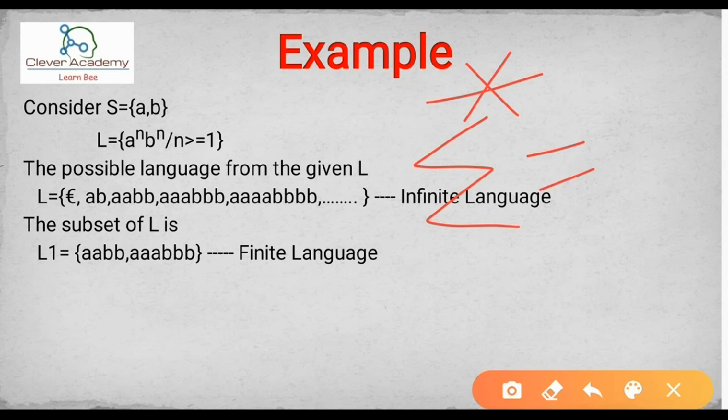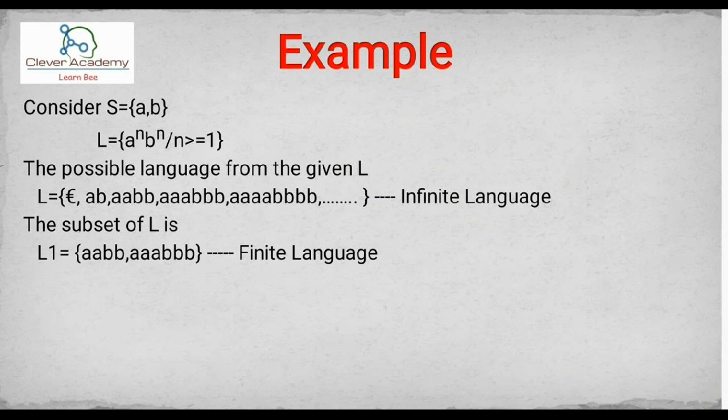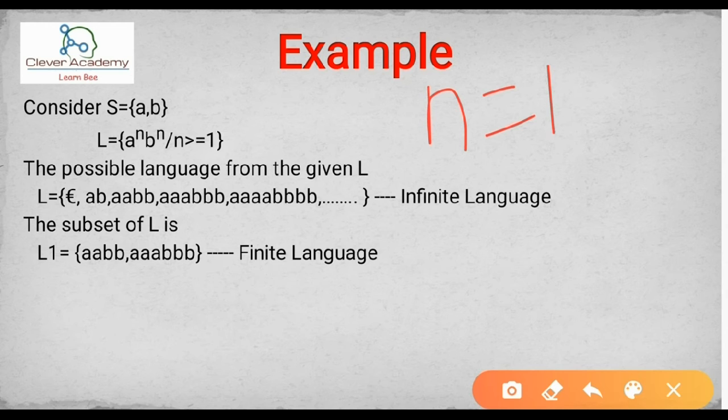Sigma star equals null, and then the elements: for n equals 1, a to the power 1, b to the power 1, which is ab; for n equals 2, a squared b squared, which is aabb; then n equals 3, n equals 4, and so on.